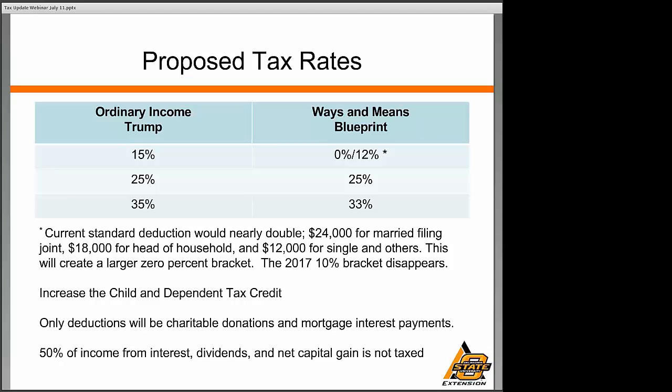Now we're looking at an increase in the child and dependent tax credit as well, and the only deductions that are going to be allowed are charitable donations and mortgage interest payments on a first home. All the others are going to disappear. You're looking at income from interest, dividends, and net capital gains: 50% of that will not be taxed. So this is what is being proposed from the individual side.